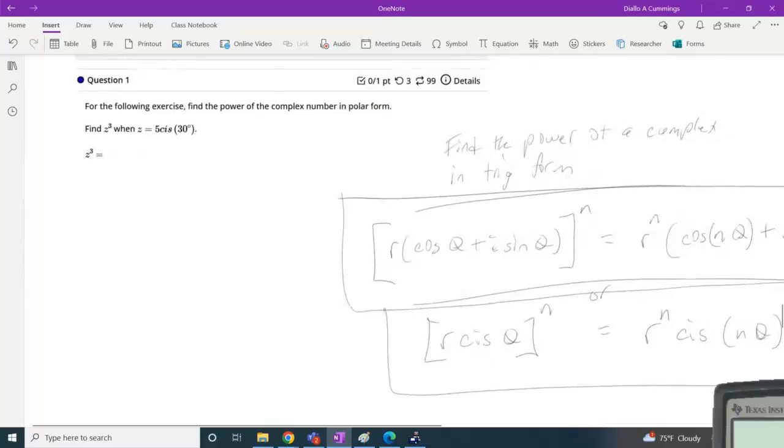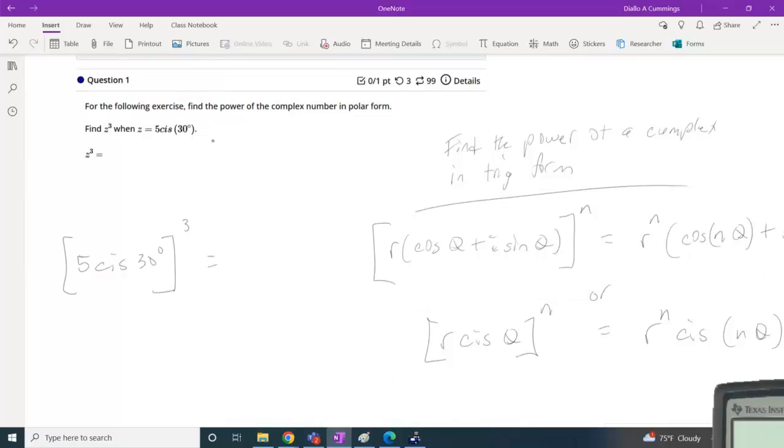I'm going to take my number that's in trig or polar form, 5 cis 30 degrees, and I'm going to raise it to the third power.